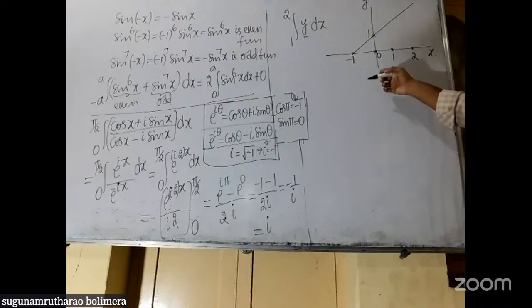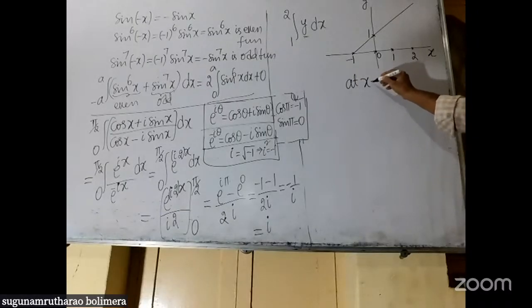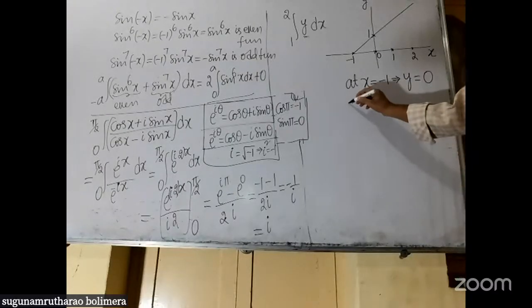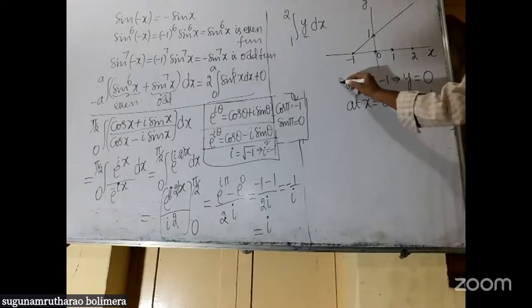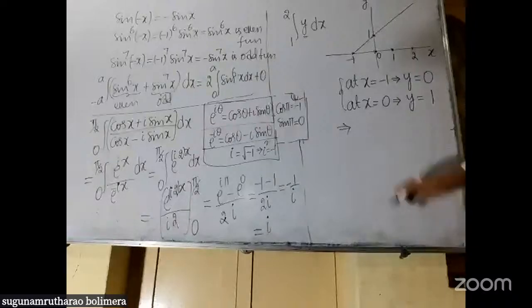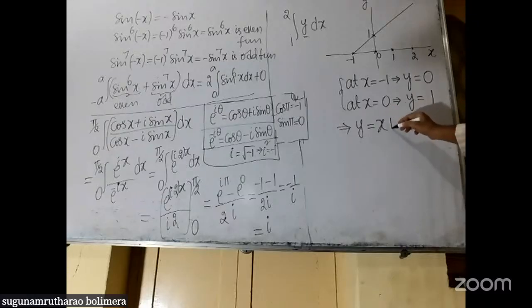Here we can say that at x equals minus 1, y equals 0 from this diagram. And at x equals 0, y equals 1. So from these two, you can write a relation between y and x: y equals x plus 1.